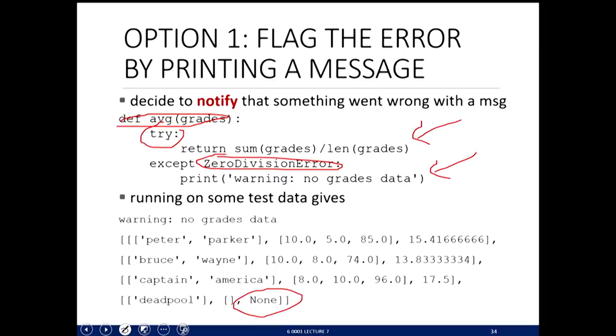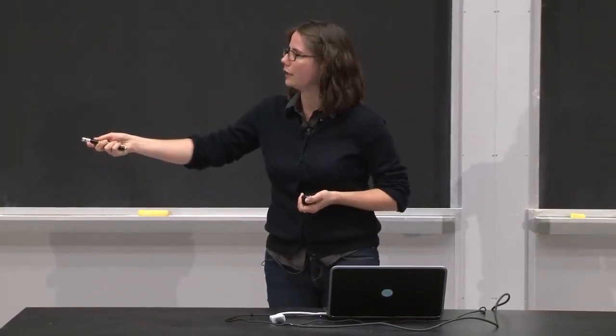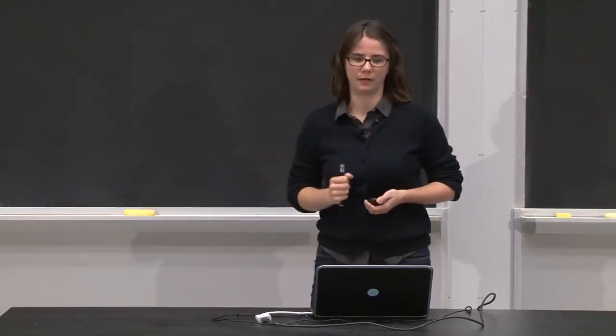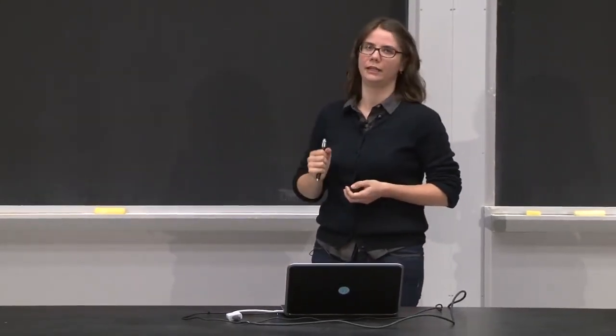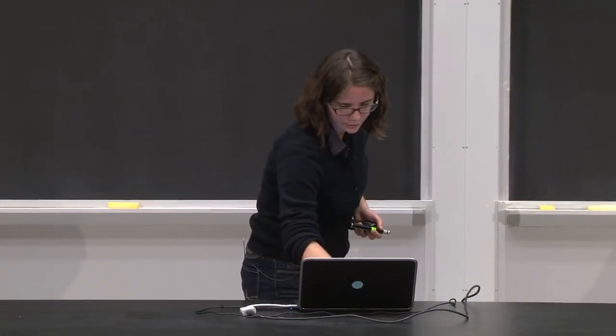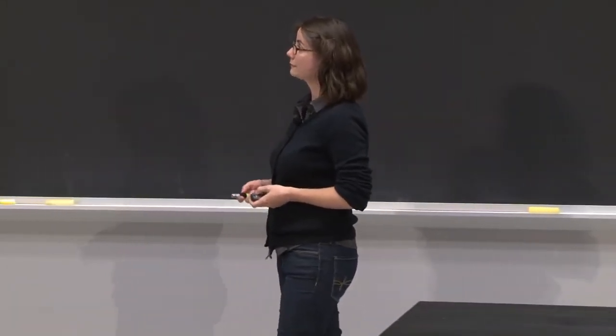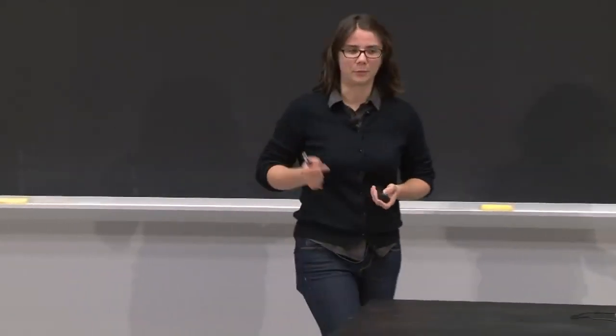So it returns a none. So for the averages for this particular function, the average is going to be a none for this person who didn't have any grades associated with them. Okay? So that's our first option, is to just flag the error and print a message.